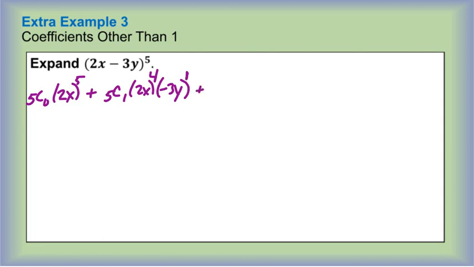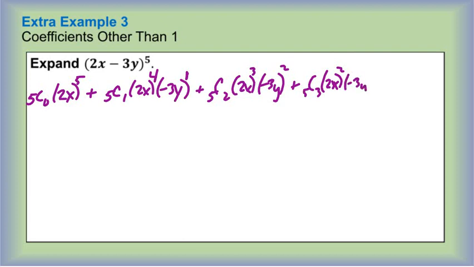Then we have plus 5 choose 2, 2x to the 3rd, negative 3y squared, plus 5 choose 3, 2x squared, negative 3y to the 3rd, plus 5 choose 4, 2x times negative 3y to the 4th. And the last one would be 5 choose 5, and we just have negative 3y to the 5th.